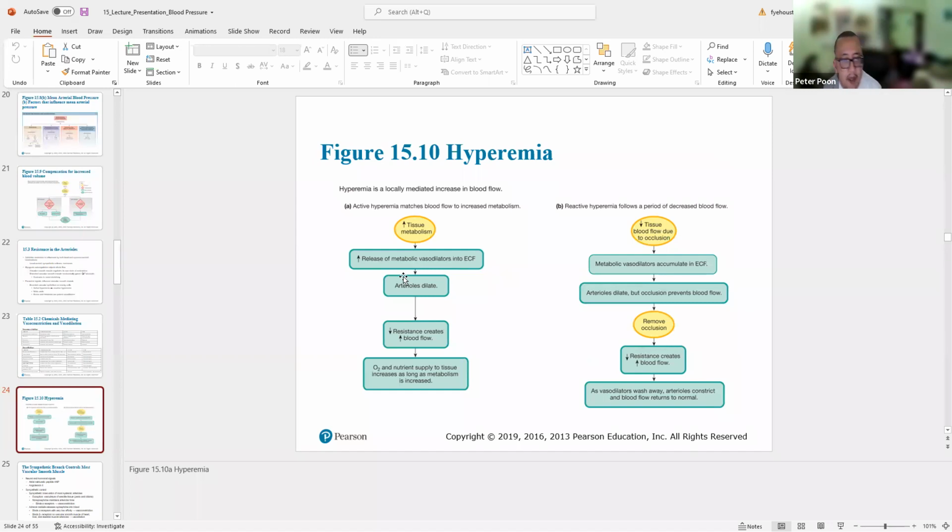And so the normal stuff that usually is flushed out of the tissue builds up, and they accumulate in the ECF. But once you remove the occlusion, as soon as you pump it through, the resistance drops, creating an increased blood flow, and therefore the vasodilators wash away, and the artery goes back to normal. So a temporary increase in blood flow.